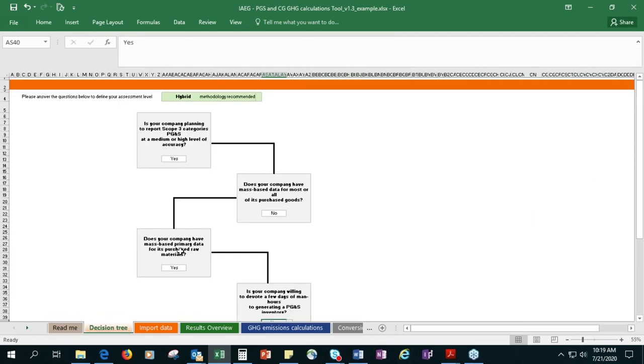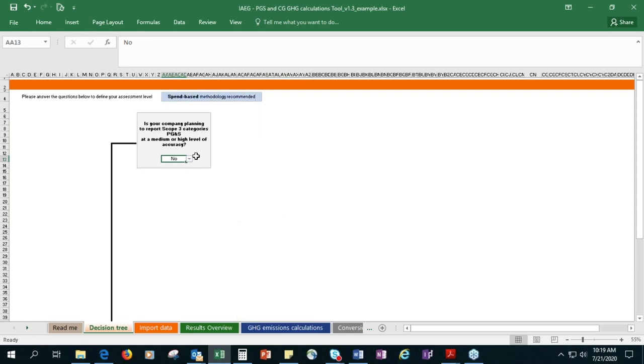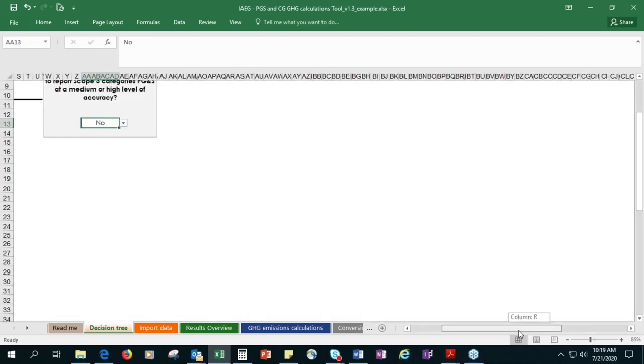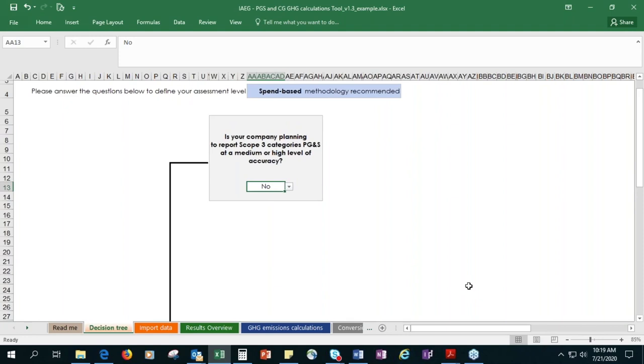So we'll start with the decision tree. This is a tool that will help determine what is the best methodology or approach. Again, as Rick mentioned, we have the spend-based, the hybrid, and the mass-based methodology options.